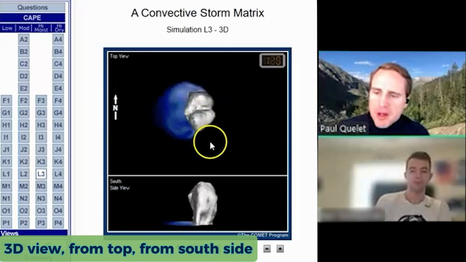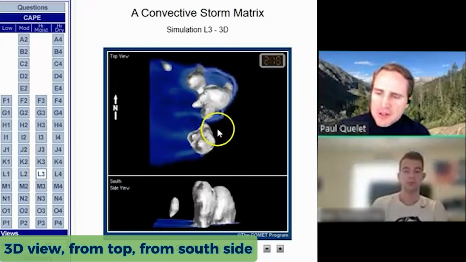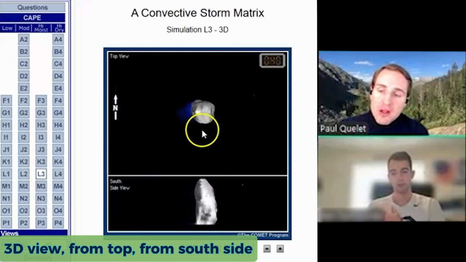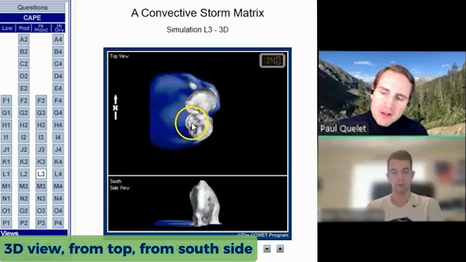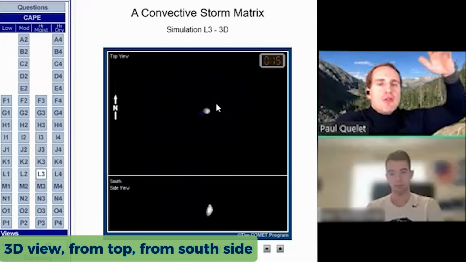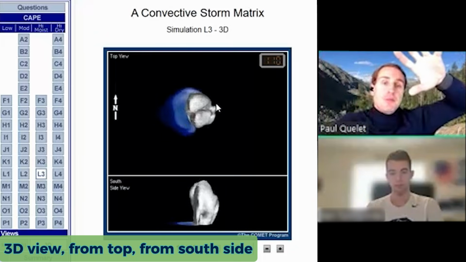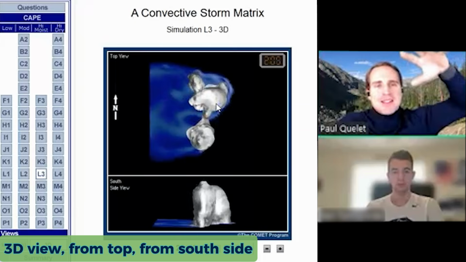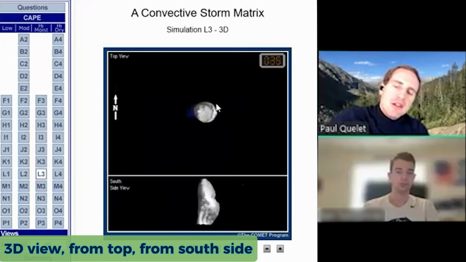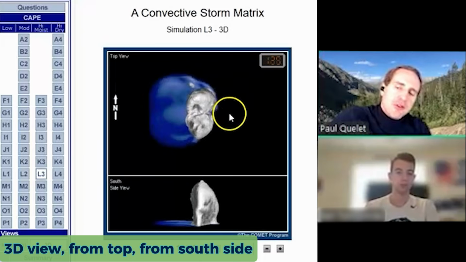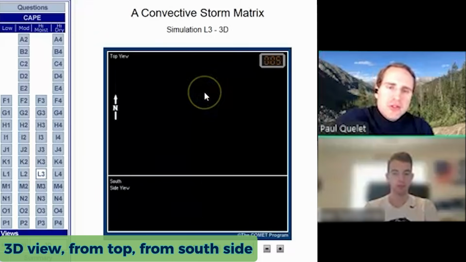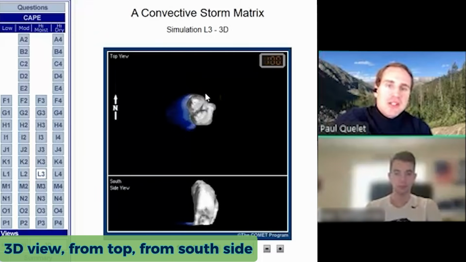Okay, so looking from above, it looks like the cloud field does have some rotation. It has some circular nature to it, especially on the lower right side. And then on the top side, because the rotation for the left mover on the north end is not as favored as the right mover, I would say the northern left mover evolves into a multicellular complex sooner because there's just less rotation.